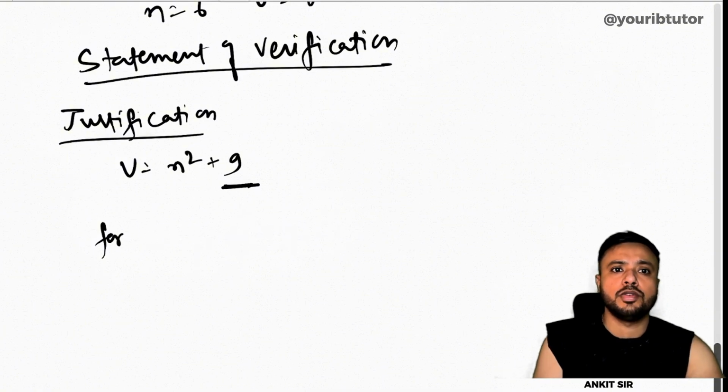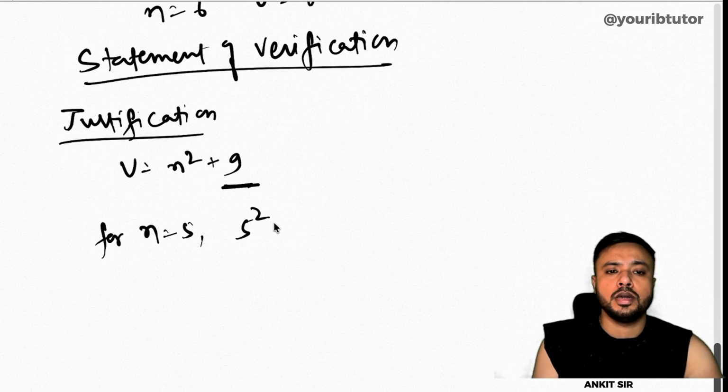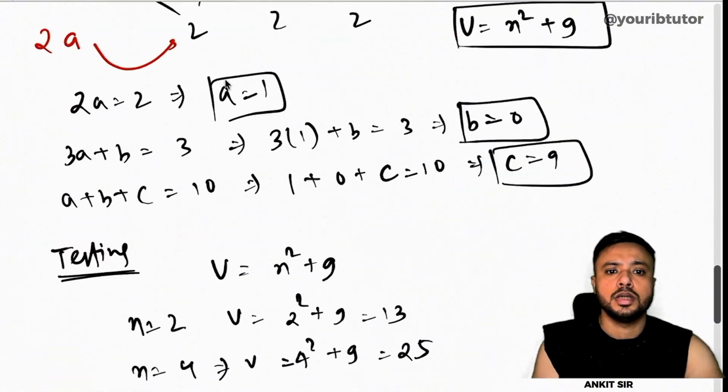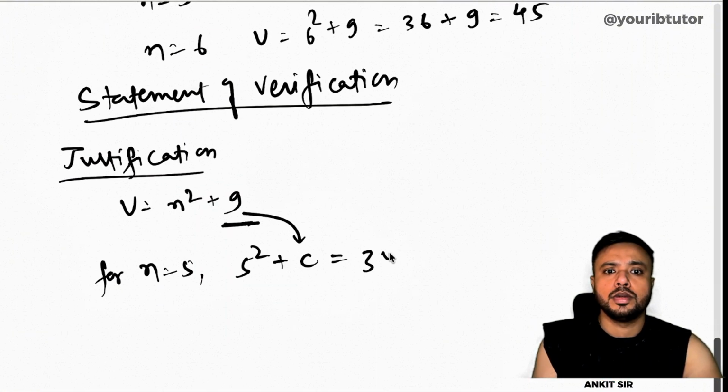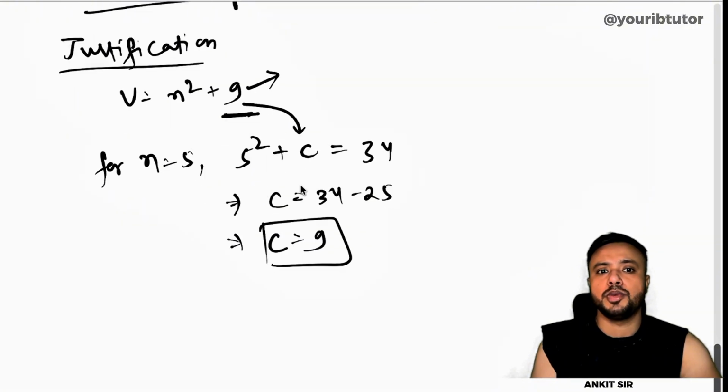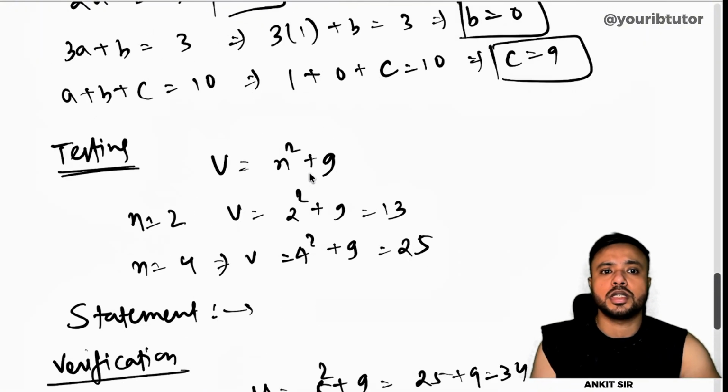We'll test it for n equal to 5. So for n equal to 5, 5 square plus c. So I'm going to replace this 9 with c equal to, and my fifth term in this is 34. So that means c equal to 34 minus 25. So you can clearly see here that I'm getting c as 9, which was in the general rule. That means this particular quadratic sequence general rule is justified.